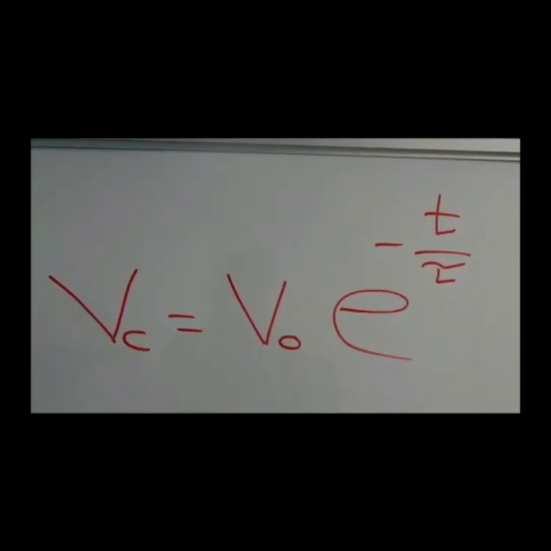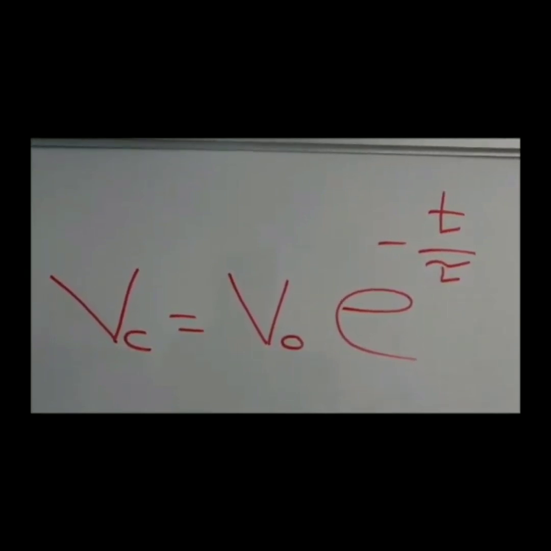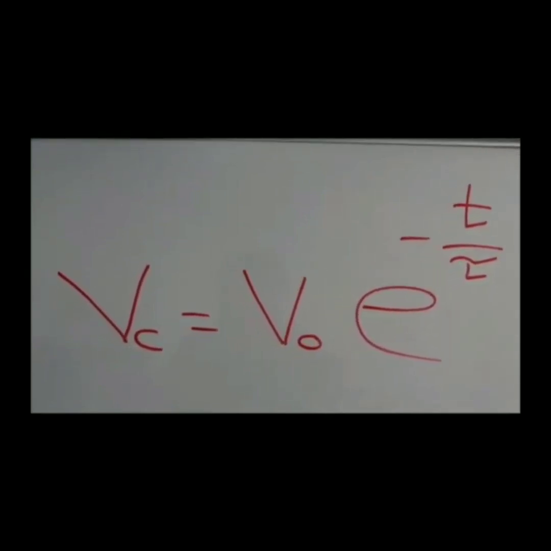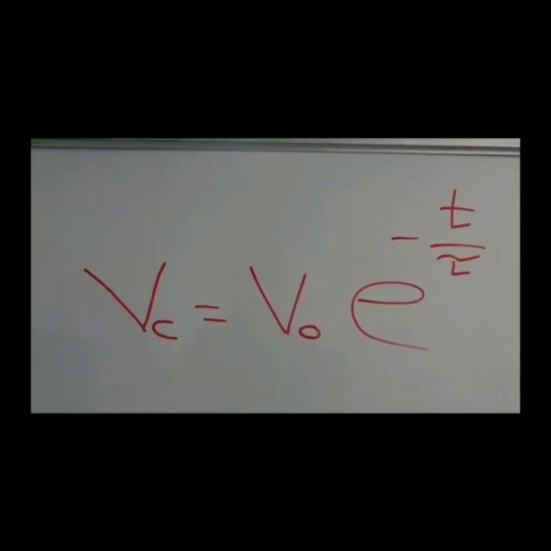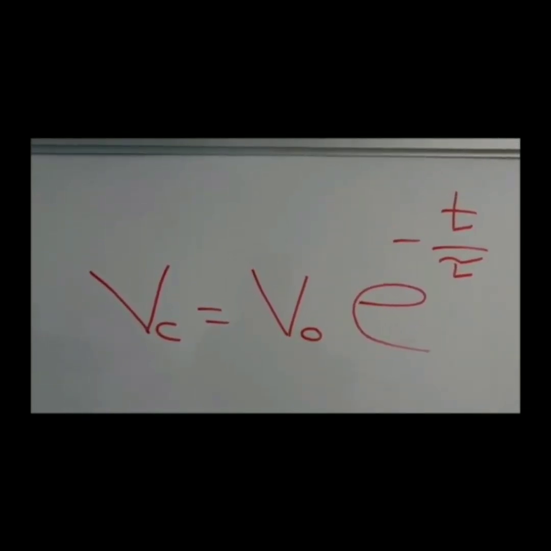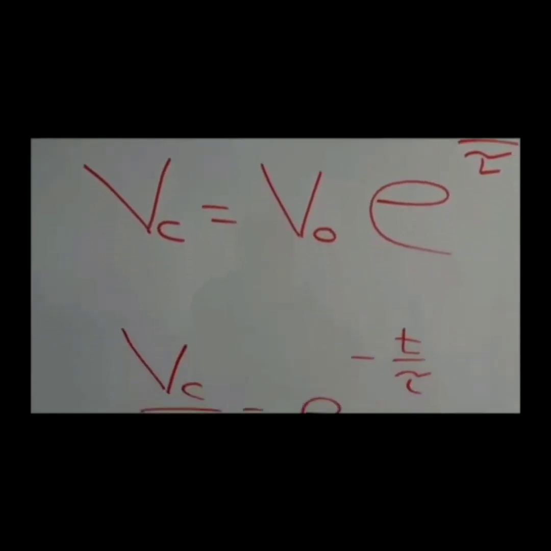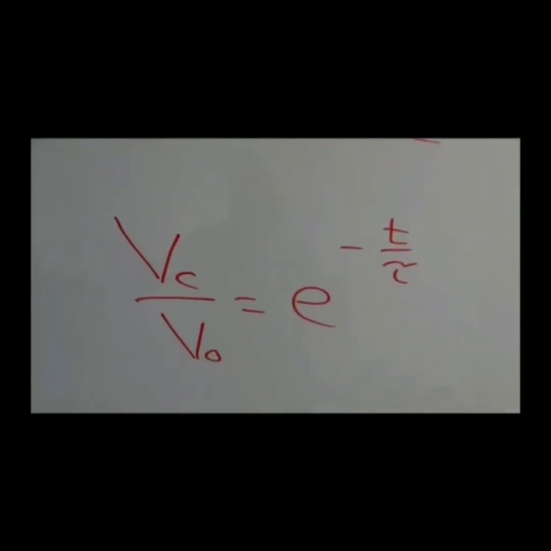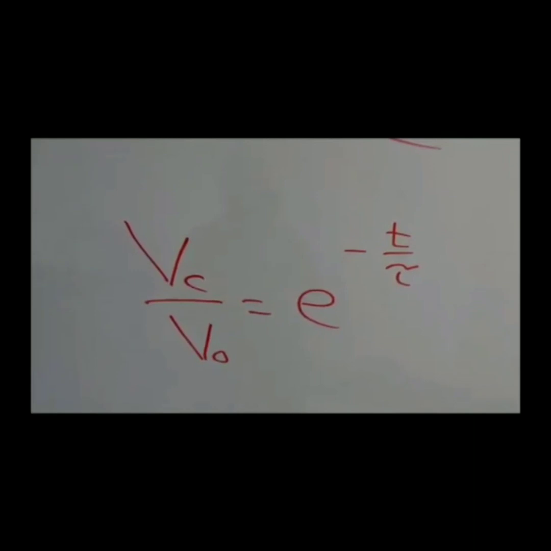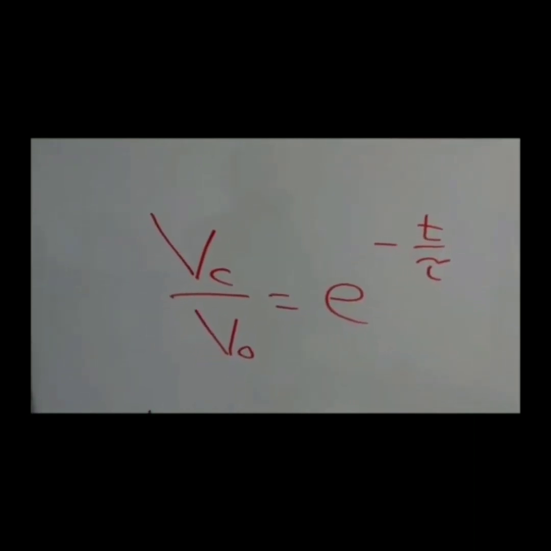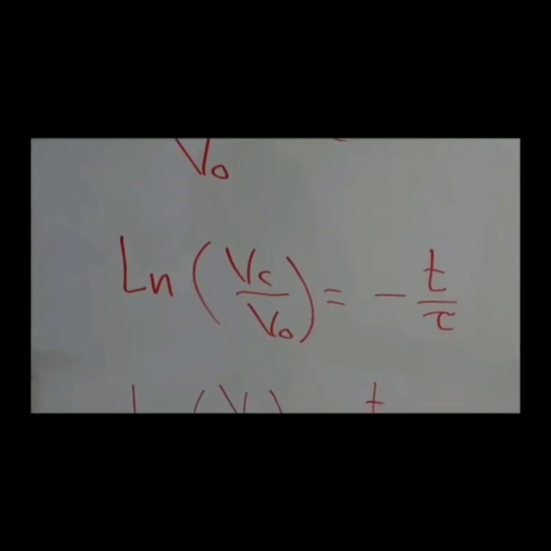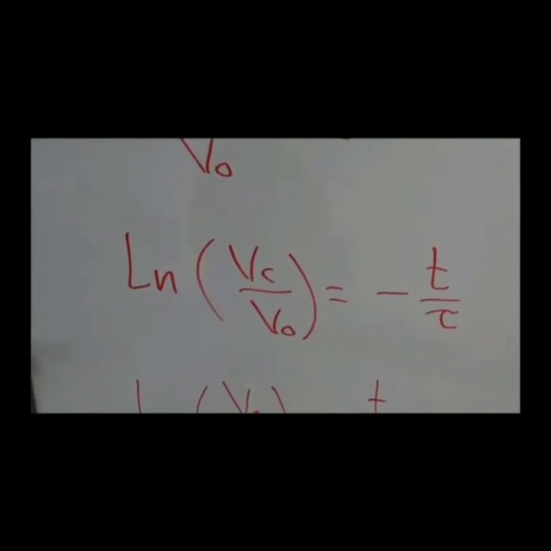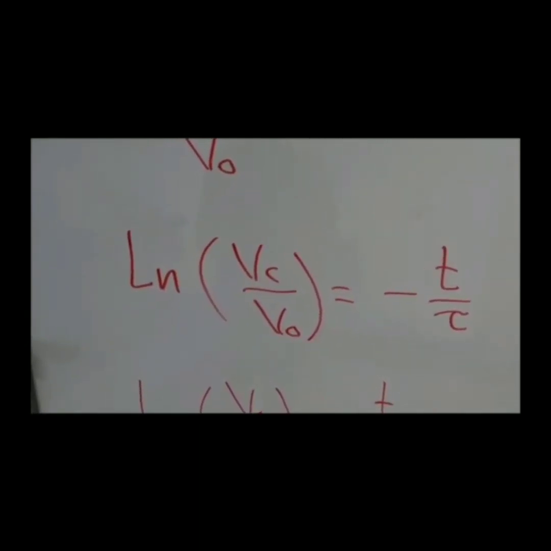Okay, this is the equation for the capacitor voltage. We know from the class Vc is the maximum voltage, which is the battery voltage denoted by V naught in this experiment. I can divide both sides by V naught. It becomes Vc over V naught equals e to the negative t over tau. Now if I calculate the natural logarithm for both sides, it becomes ln Vc over V naught equals negative t over tau.